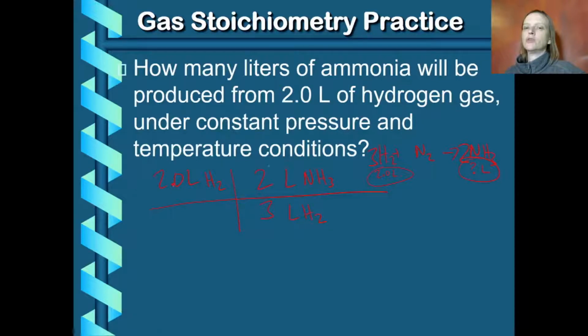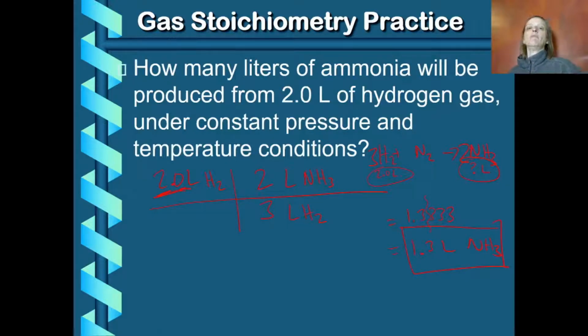So I've got 2.0 times 2 divided by 3, and that gives me 1.33333333, but I need to report my final answer to 2 significant figures. So my final answer is 1.3 liters of nitrogen trihydride.